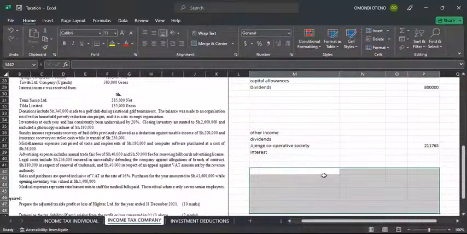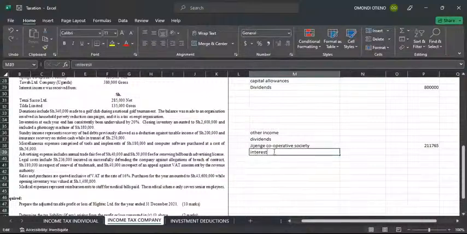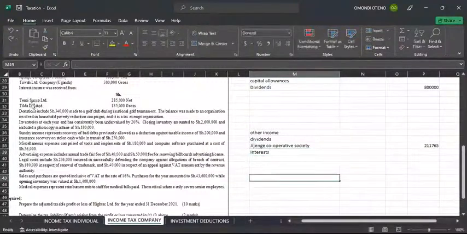So the first item for interest, we have interest from Tenzi Sacco Limited given to us at net, then Tilda Limited 135,000 given at gross. So Tenzi Sacco Limited, interest from SACCOs.